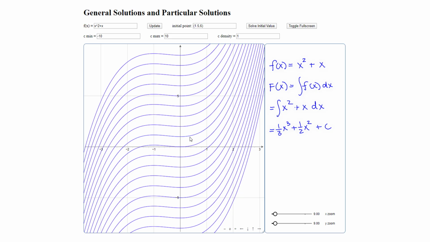Or if the arbitrary constant is 1, that thing is shifted up 1 unit. If the arbitrary constant is 2, it's shifted up 2 units. So all of these are graphs of the antiderivative, but shifted up or down a certain number of units.